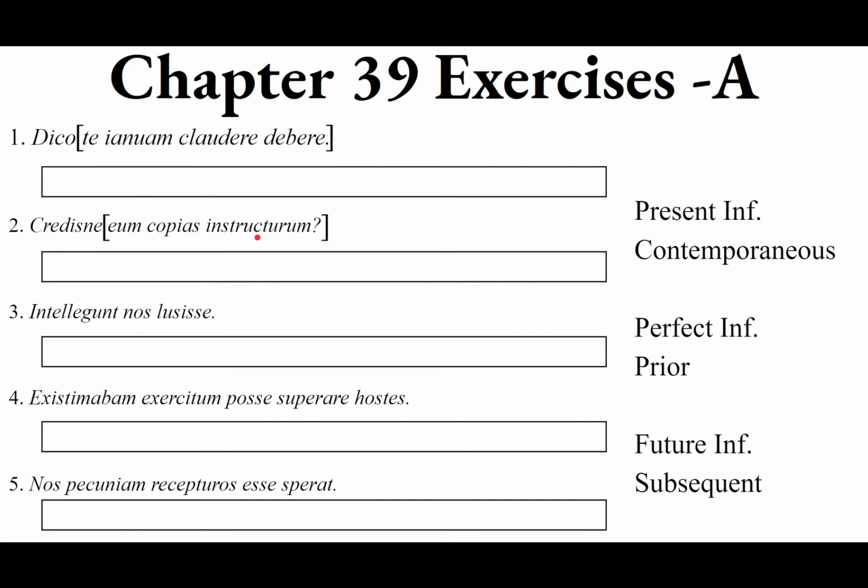So when we go to instructurum, from instruo, instruere, instruxi, instructus, which means to equip, or to draw up, which means to draw up into lines, into formation, into battle array. So to draw, usually an aciem, from acies, a feminine. To draw up a battle line, get them ready for battle, get them in order, in ranks. So this is a future.